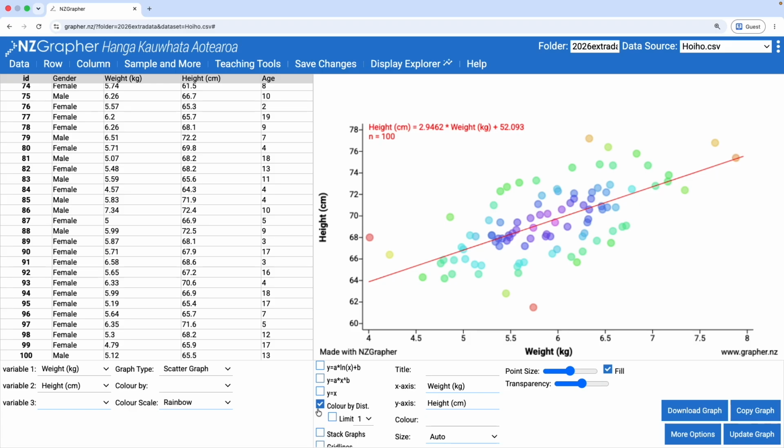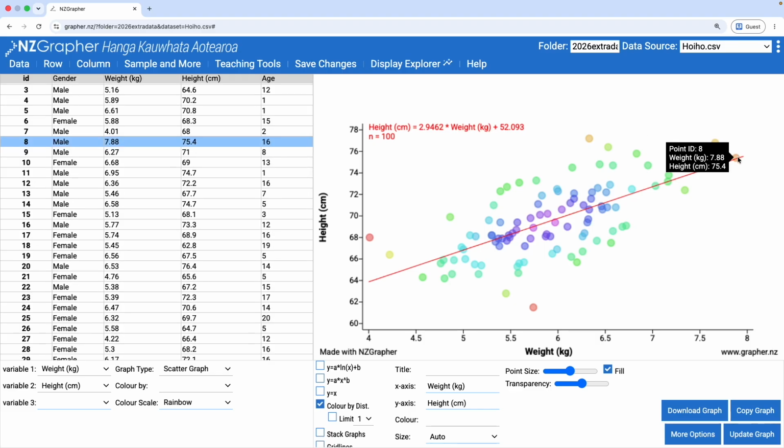What it does is it fits a series of ellipses based on the data and looks at the ones that are furthest away. So this one and this one are our most unusual points. This one up the top right here is also a little bit unusual. It's not unusual in that it's not on the trend line, but it is unusual that it's a long way from the center bobble of data.